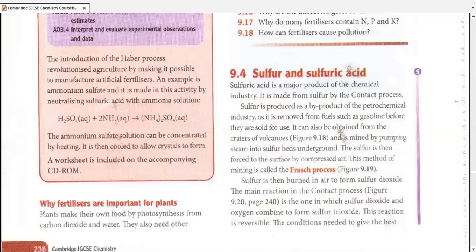Now we are coming to sulfur and sulfuric acid. This is mostly inorganic industrial chemistry, which means we are not talking about metals. We will be mostly talking about non-metals. Sulfur is a non-metal. Sulfuric acid, however, is commonly known as the king of chemicals. Why the name king of chemicals?